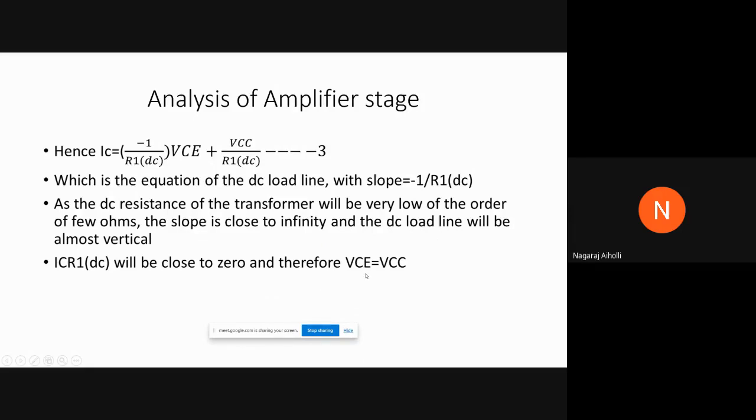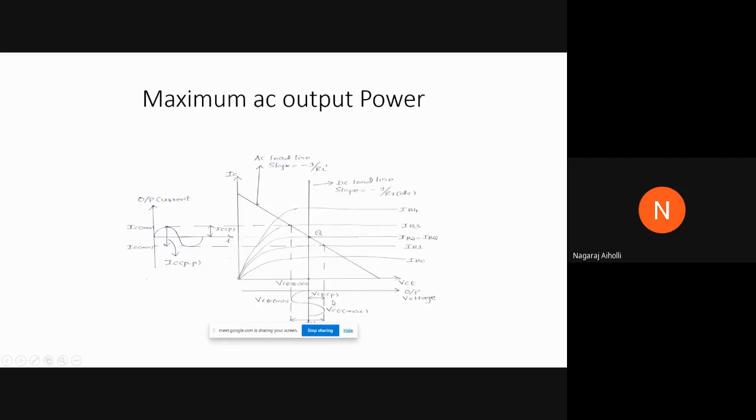We have got the equation VCEQ is equal to VCC. The maximum voltage will be more than VCEQ equal to VCC, because this is VCE max, right? And this VCE max is more than this VCEQ equal to VCC horizontal line. Yes or no? That is how we are getting VCE max as more than VCEQ equal to VCC.